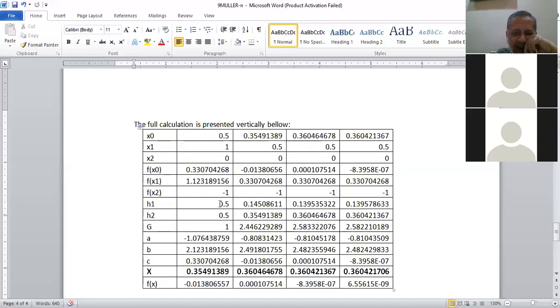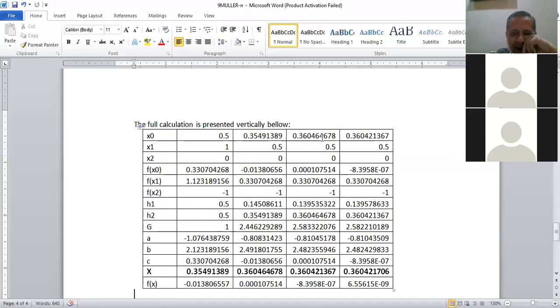ऐसी के इन 4 में से जो लेफ्ट मोस्ट है वो x2, जो राइट मोस्ट है वो 0.5, और नई x वैल्यू जो है वो बीच में. And then fx0 fx1 fx2 h1 h2 gamma, a and b and c, and new x, and the function value is this.